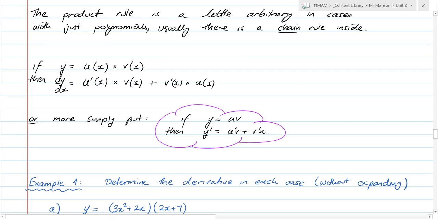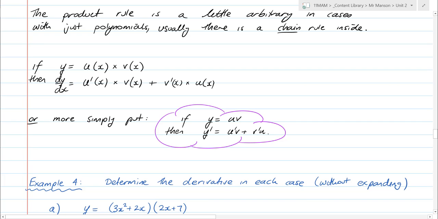So basically you just derive the first times the second, plus derive the second times the first. And it looks better like this. y equals uv, y dash equals u dash v plus v dash u. Okay, and there's a plus in between, so the order doesn't matter. Just remember you've got to derive one times the other and derive the other times the first and add them together, and you're on. Reggie, what's your conclusion on product rule on the formula sheet?